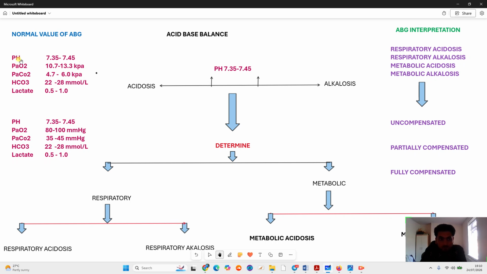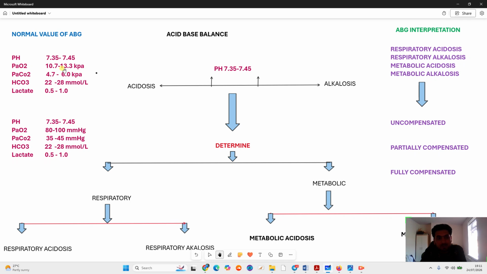We have these parameters to check the ABG, and to find out the conditions, we have to look at these parameters. What are they? First, pH. Normal pH is between 7.35 and 7.45. This is the normal value. You have to keep this in your mind. Secondly, partial pressure of oxygen.